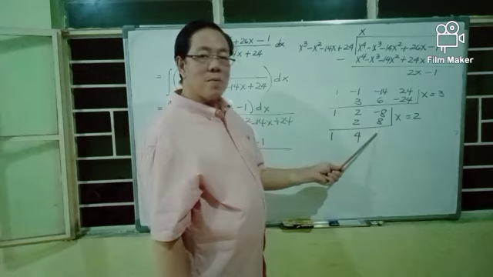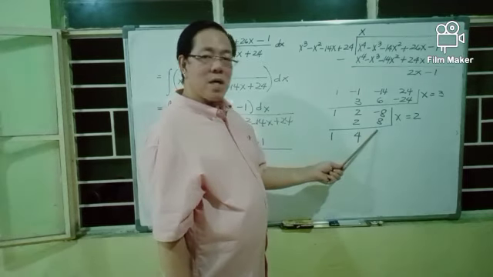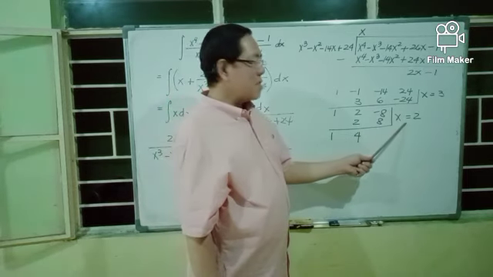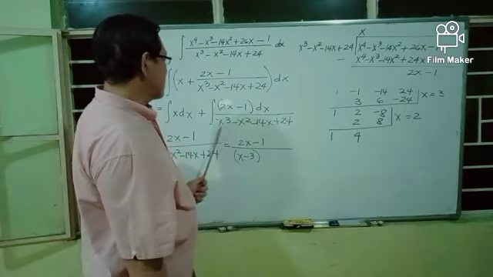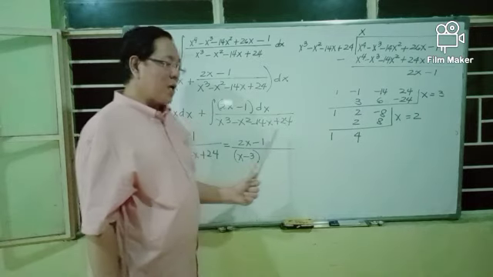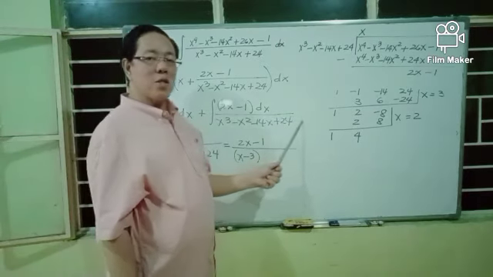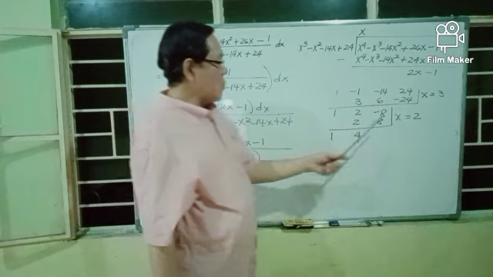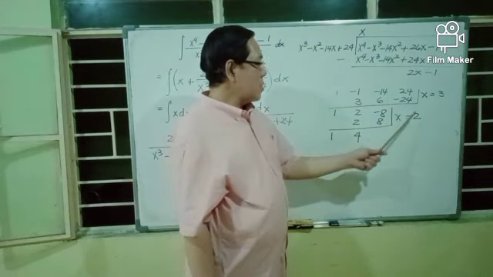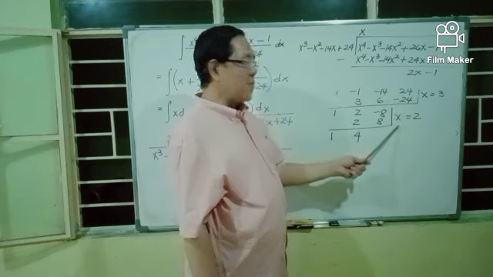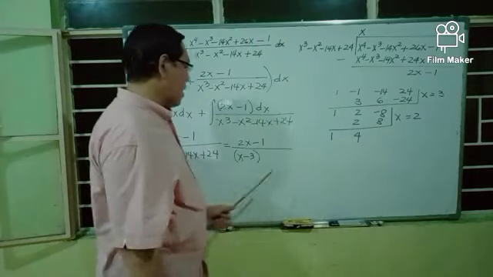Again, we get a sum of 0. The last number we get is 0. That means x equals 2 is a root of this cubic equation if you equate this cubic expression to 0. X equals 2 is a root, which means that x minus 2, you transpose positive 2 to the left, you get x minus 2 is a factor.